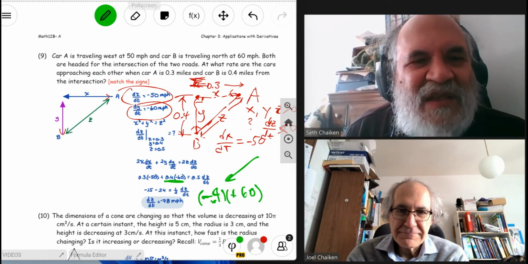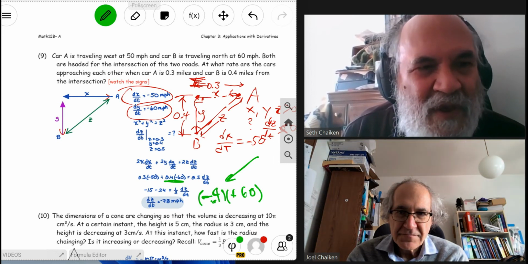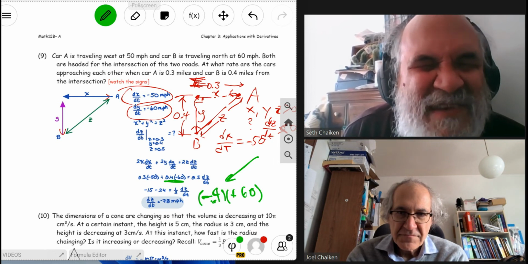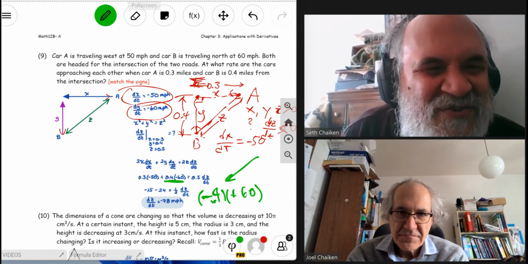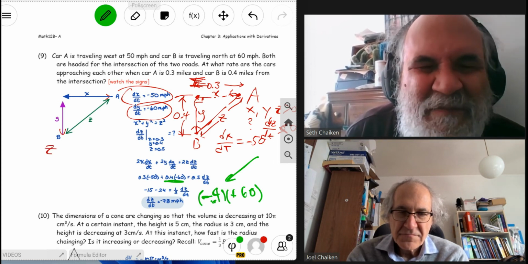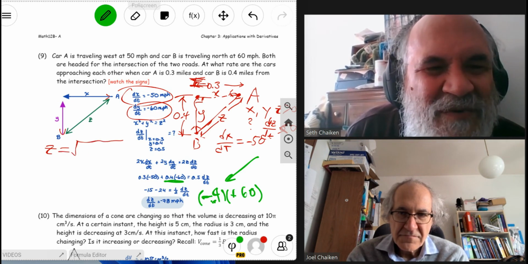And so, to be really careful about the sign, you want to see how z changes. So you write from geometry, z equals the positive square root of x squared plus y squared.